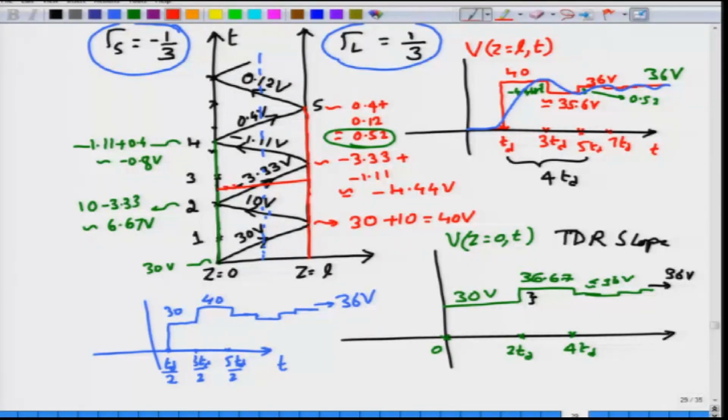So, as you move in this manner, you would see there is no voltage. At this point, what would be the total voltage? There is a 30 volt, 10 volt and a 3.3 volt. So, you can add that voltage jump and then continue to move along in this manner. Okay. So, you can do this. This is not quite important compared to finding out the voltage at the load as well as the source.